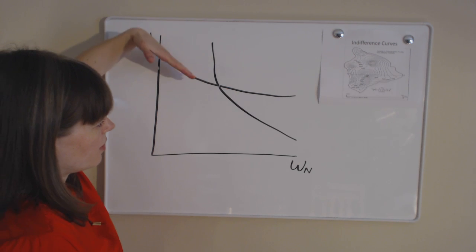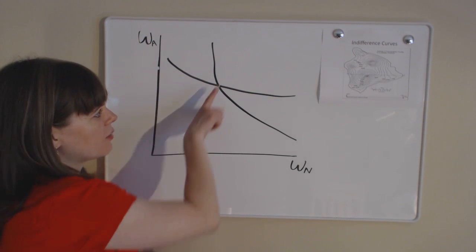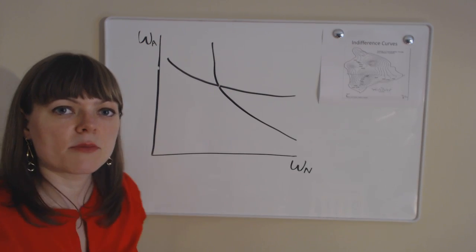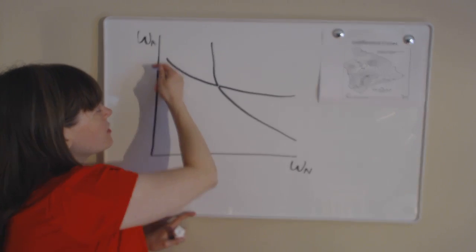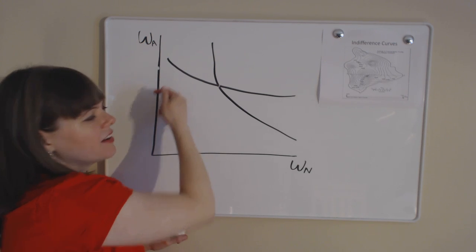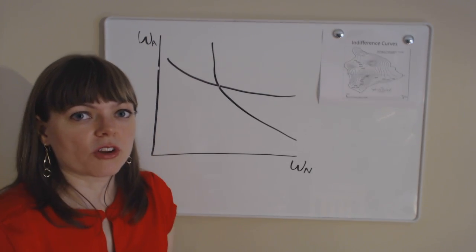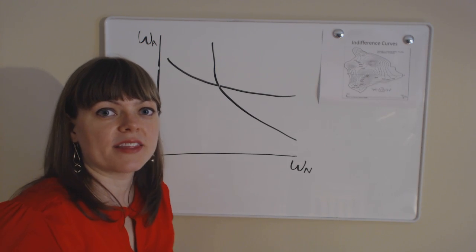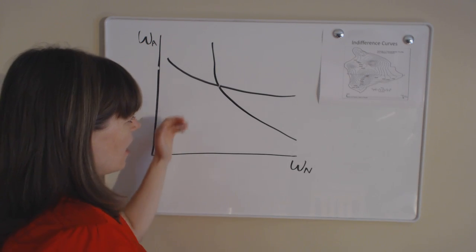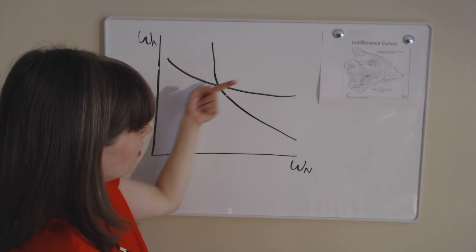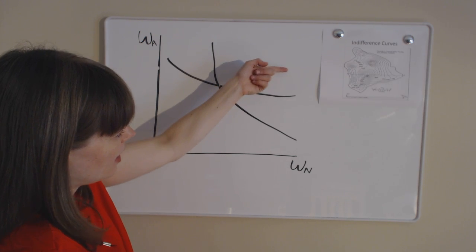So for this person with the flatter indifference curve, they would like to move up utility mountain in that direction, meaning they gain the most utility when they gain a lot of elevation, we'll call it, in the accident state of the world. So they care a lot about how much money they get in the accident state. When we look at the steeper indifference curve, this person cares more about the non-accident state; they want to go up utility mountain in this direction.